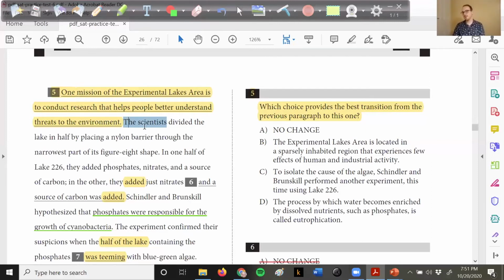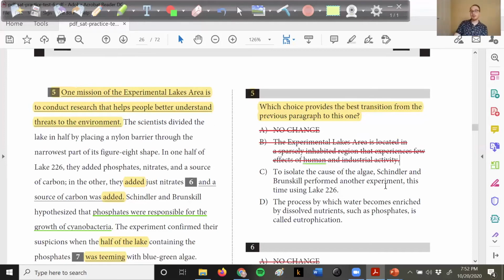That doesn't connect at all to nylon barriers or figure-8 shapes, so I don't like A. The experimental lakes area is located in a sparsely inhabited region that experiences few effects of human and industrial activity. Again, this doesn't have anything to do with human or industrial activity. This has to do with the scientists' activity. So I guess technically that's human activity. But the rest of this doesn't even talk about how isolated it is. So I don't like B either.